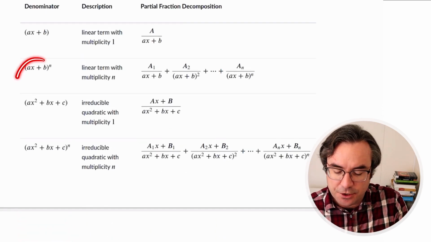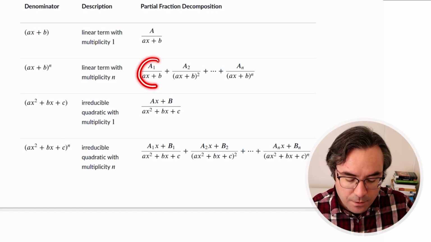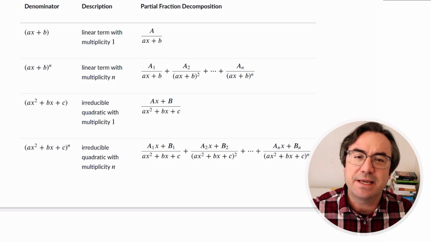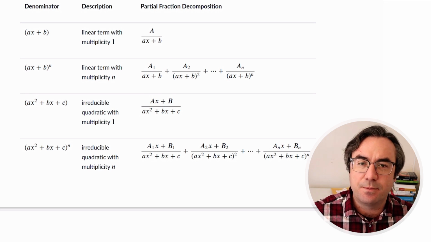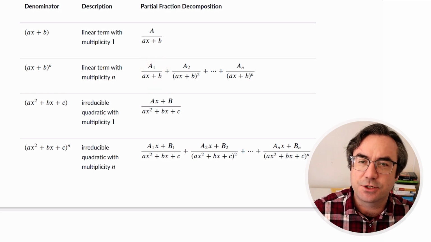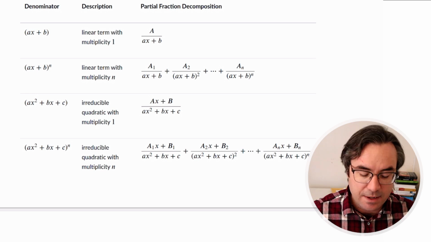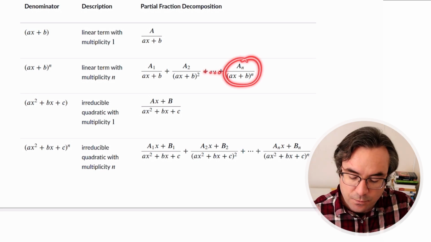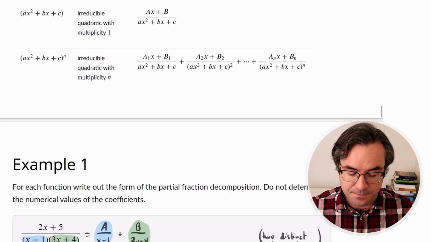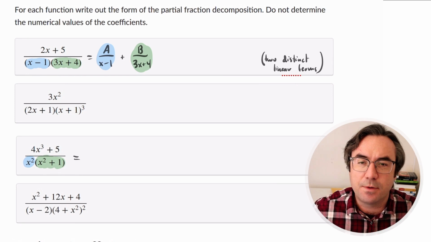So if we have a linear term that happens more than just once, we make separate fractions, and we basically count up until we reach the multiplicity. So we start with our regular linear term partial fraction. Then we have the denominator squared. And then we keep doing this until we reach whatever the exponent is. So in our case, with that x squared term, that's a linear term with multiplicity 2.